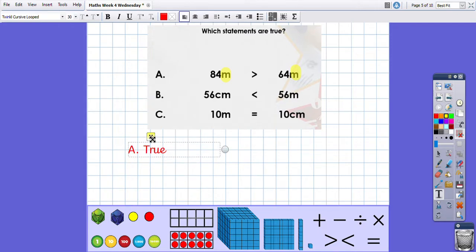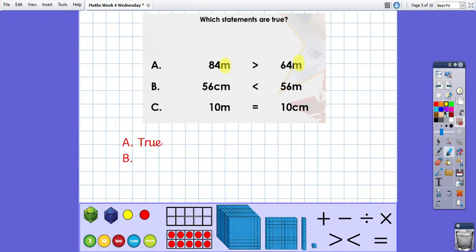Okay, let's have a look at B. 56 centimetres. Okay, so let's just highlight this bit. Is smaller than 56 metres. Now we know that centimetres are smaller than metres because there are 100 centimetres in a metre.